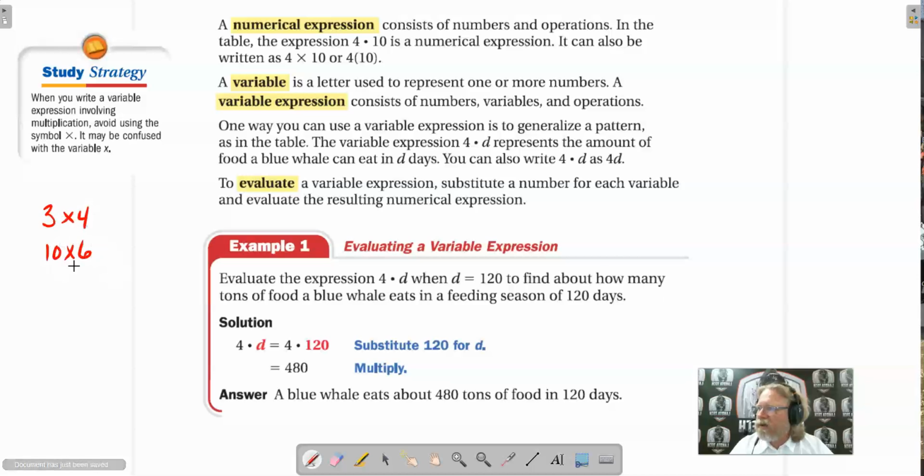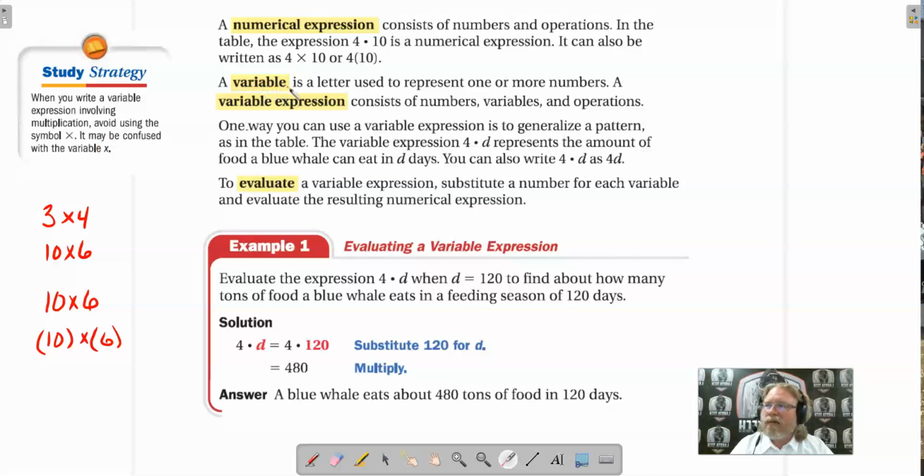We don't want to use that X anymore because later on, if we said 10 x 6, this could mean 10 times whatever the value of x is times 6. That would become confusing. So we want to get out of that habit of using the x as a symbol for multiplication, because it may be confused with a variable x, which leads to what is a variable here.